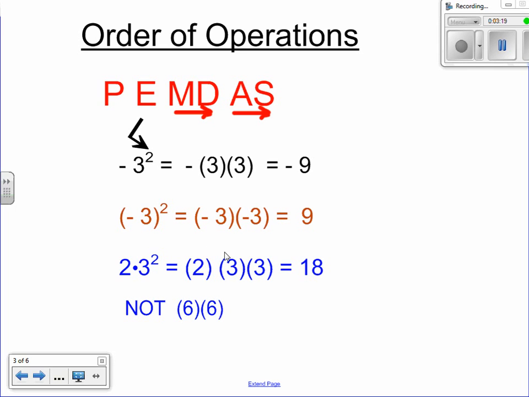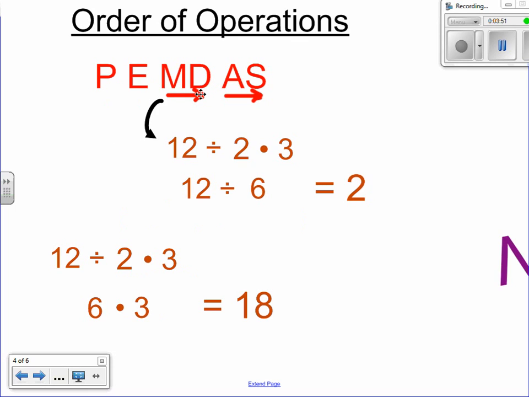I could multiply, once I got this stretched out, I could say 2 times 3 is 6, times 3 is 18. Or I can say 3 squared is 9, times 2 is 18. But I cannot say 2 times 3 is 6, and then square that. Because 6 times 6 would be 36. So that's not right. You good with that? Let's do something else.